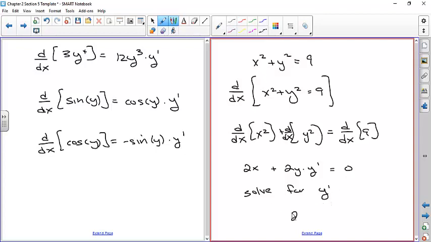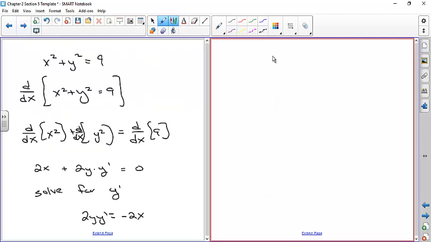So you would get 2y, y prime is equal to negative 2x, and divide by 2y, so you get y prime is equal to negative 2x divided by 2y, or negative x divided by y. So that is now the answer.